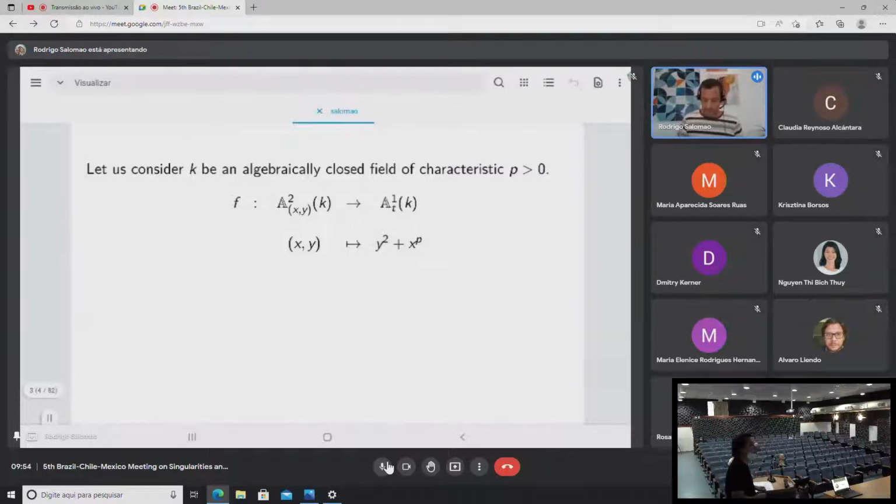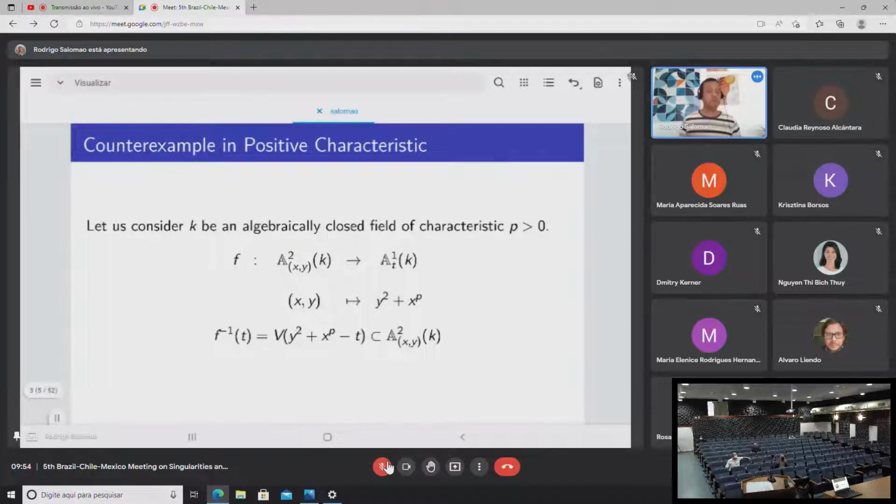Well, we consider the map from the affine plane to the affine line given by this polynomial here, and the fiber of this map is given by the affine plane curve given by this polynomial here.